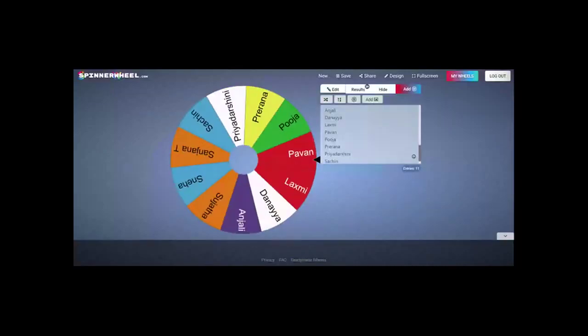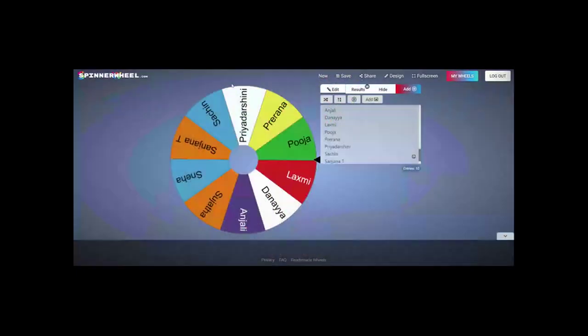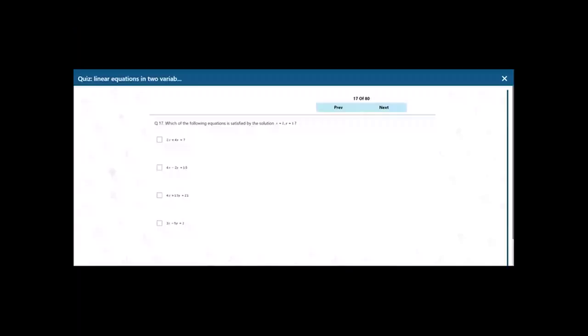Pavan? Yes, ma'am. Pavan, your question. Which of the following equations is satisfied by the solution x equal to 2, y equal to 1?